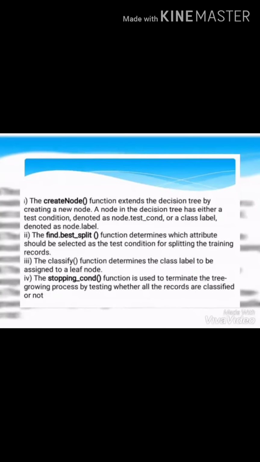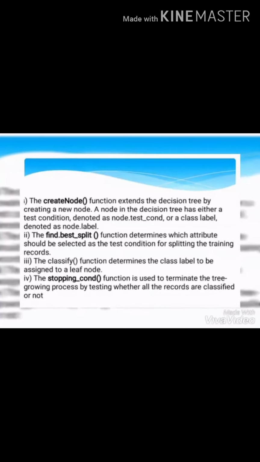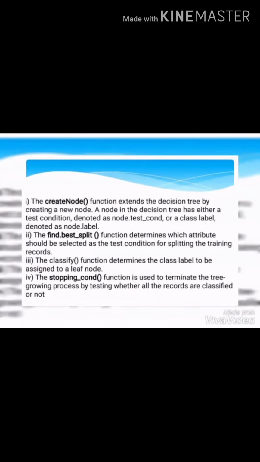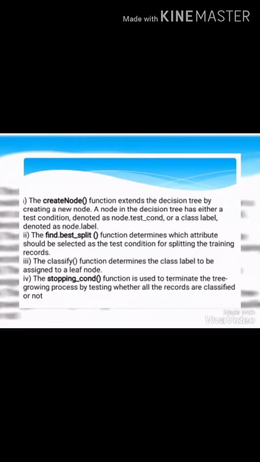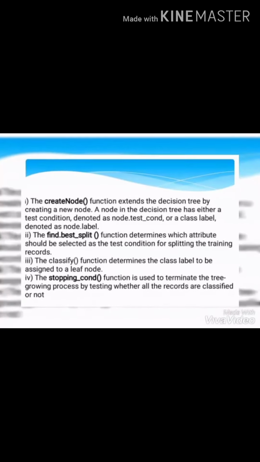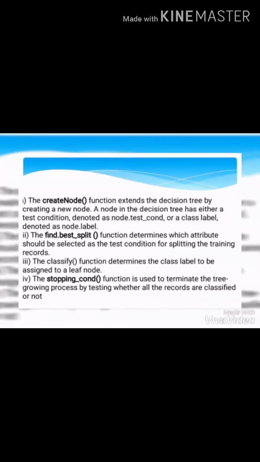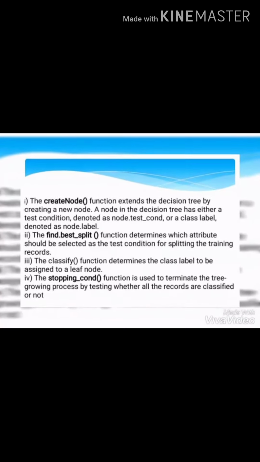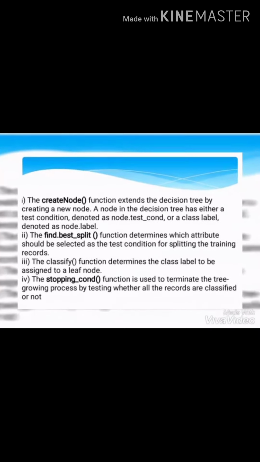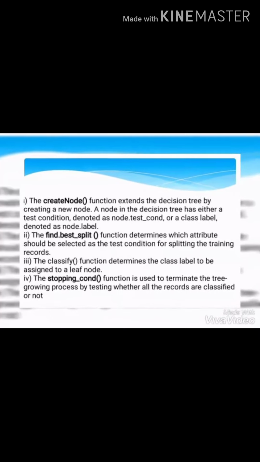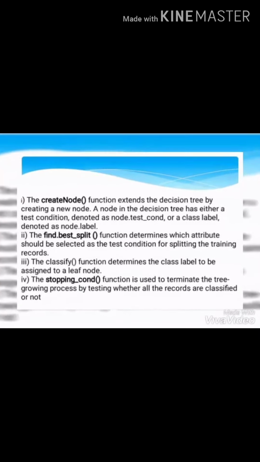Let's know about the functions in the decision tree classifier. The first function is the createNode function. This function extends the decision tree by creating a new node. A node in the decision tree has either a test condition denoted as node.test_cond or a class label denoted as node.label. Another function is find_best_split.